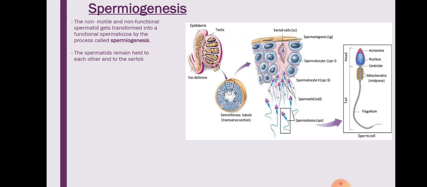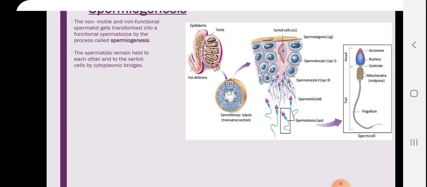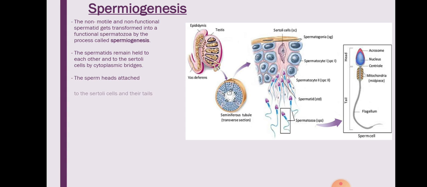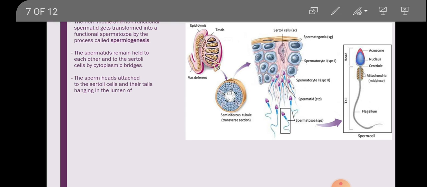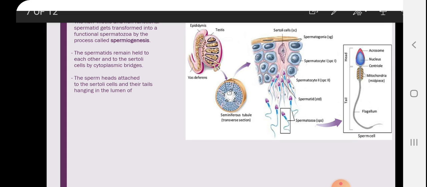Spermatids remain held to each other and to Sertoli cells. Now here you can see the junctions between the spermatids and the Sertoli supportive cells are very tight, and they have cytoplasmic bridges. The sperm heads are attached to Sertoli cells and the tails hang in the lumen. Now here the heads are attached to this nutritive cell and the tails are present in the lumen of the seminiferous tubule.